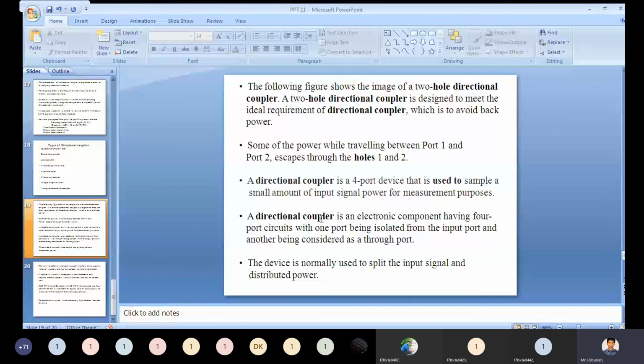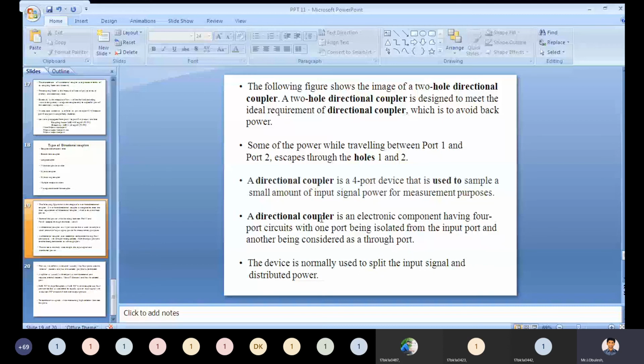The directional coupler is an electronic component having a four-port circuit with one port being isolated from the input port, and another port being considered as a through port.